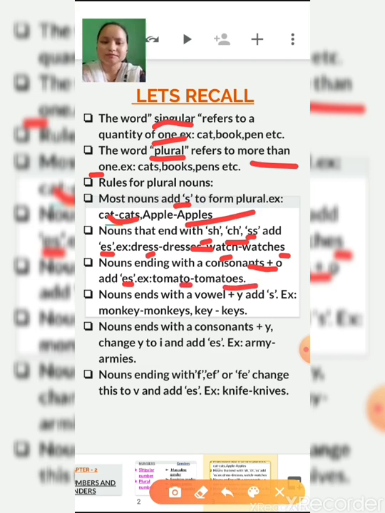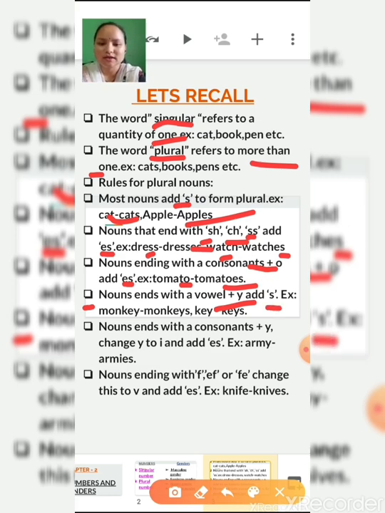Now here it is ending with o, and before o what is there? T. T is a consonant, right? So what have we added at the end in the plural? Es. Now from tomato it has become tomatoes. Next, nouns ending with a vowel plus y, add s.